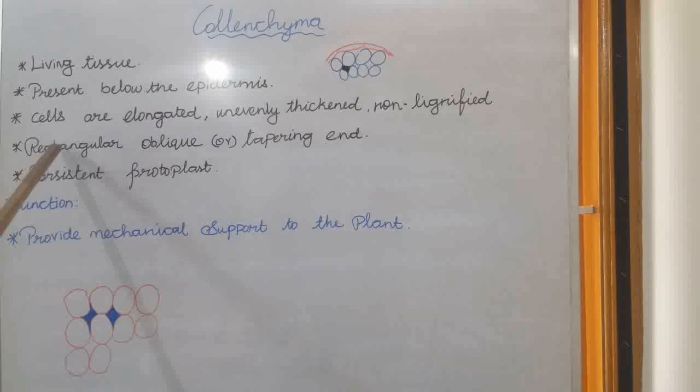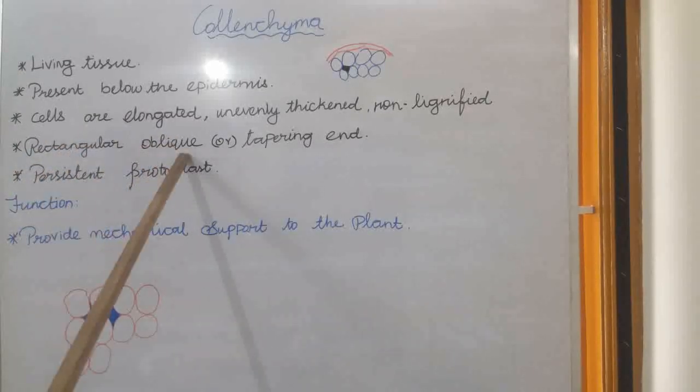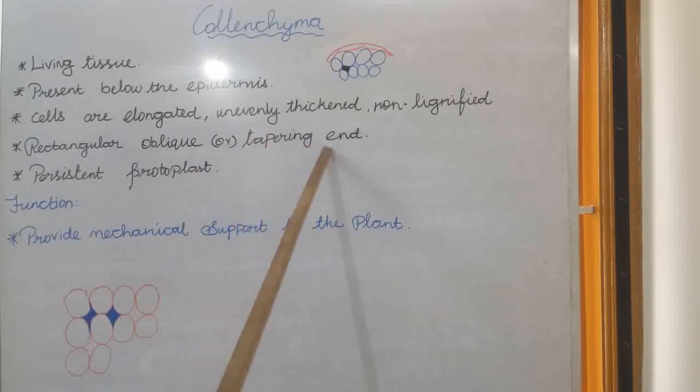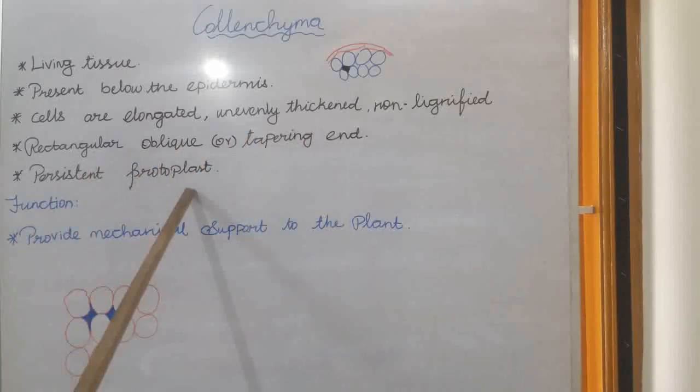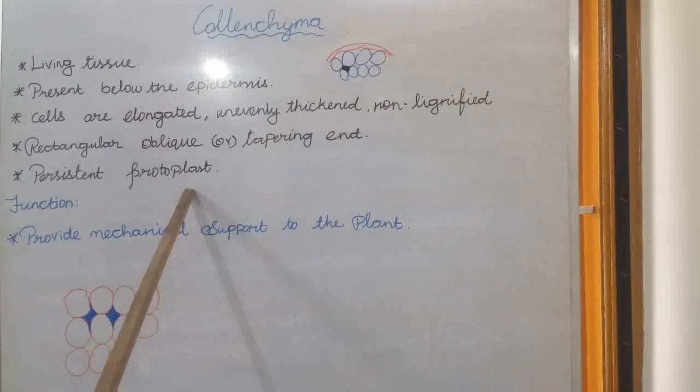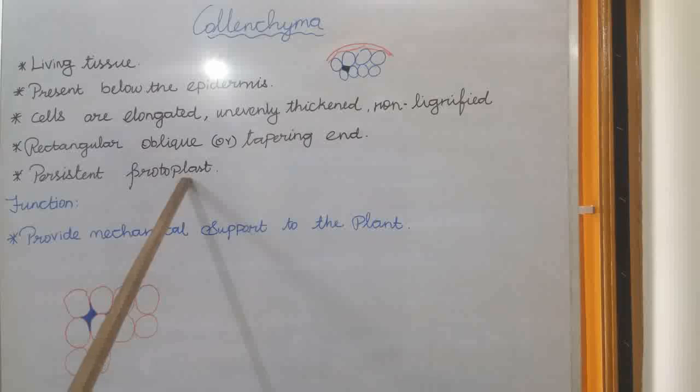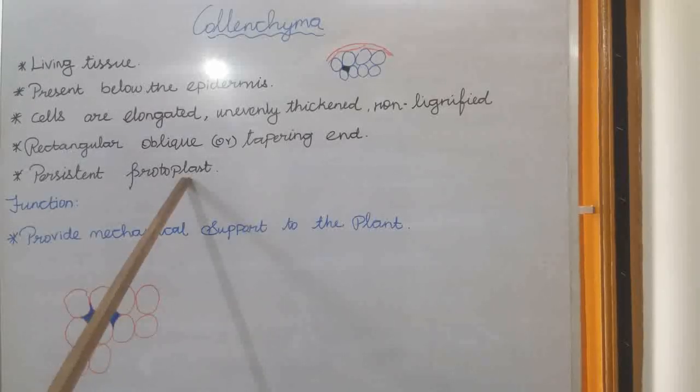Okay, what is the shape of the cell? It may be rectangular, oblique or tapering. The shape may vary from one species to another. Then next point, persistent protoplast. The stable protoplast is called persistent protoplast. Persistent protoplast is nothing but the cell containing cytoplasm and protoplasm.